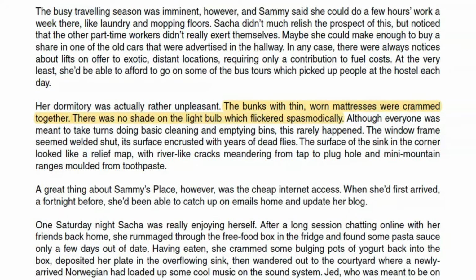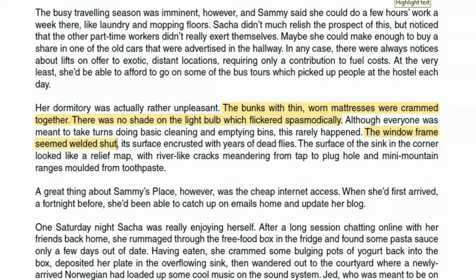So we have, I guess, dangerous light fixtures. We also have the fact that the window frame is welded shut. Let's just highlight that one. So that's our third concern. So of course, I guess there's the concern that there is no ventilation.